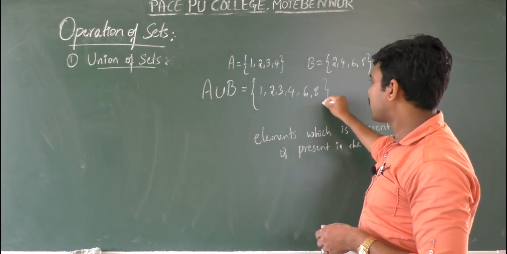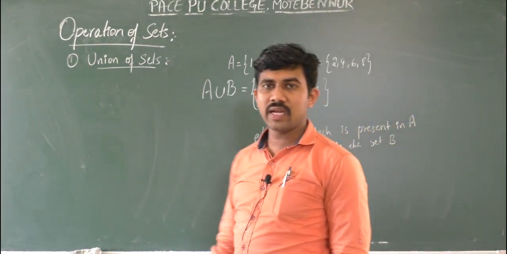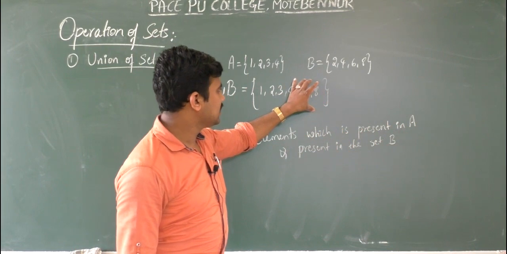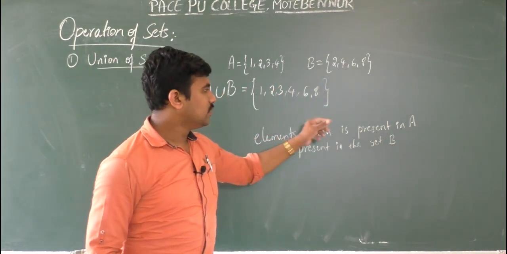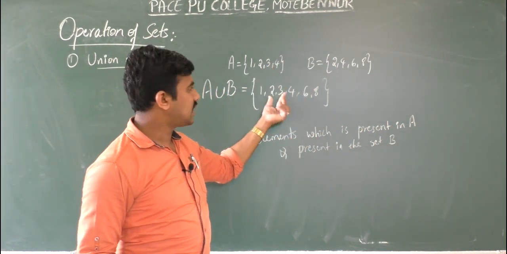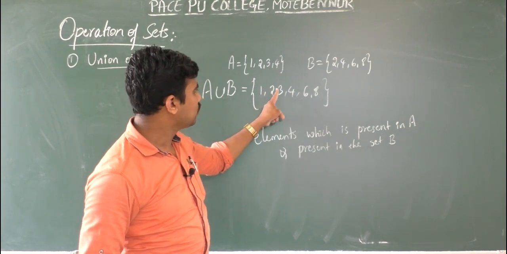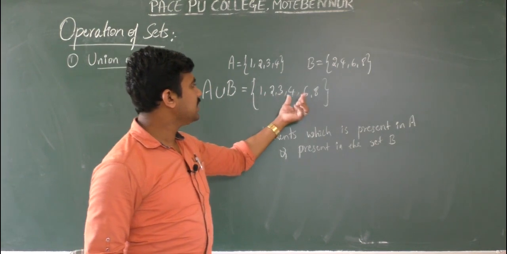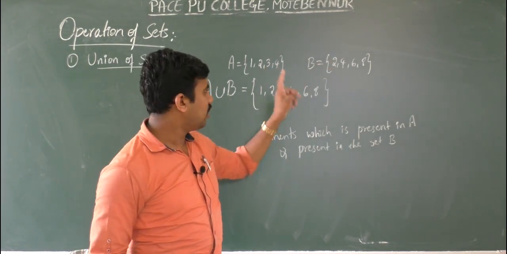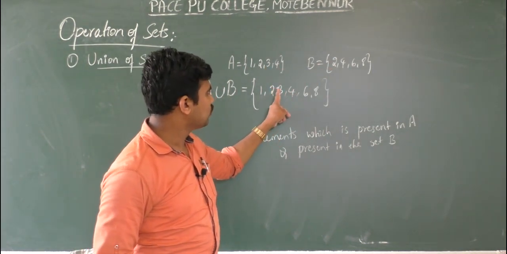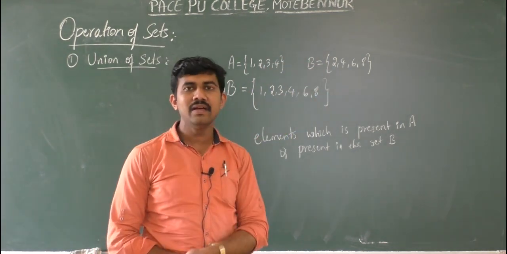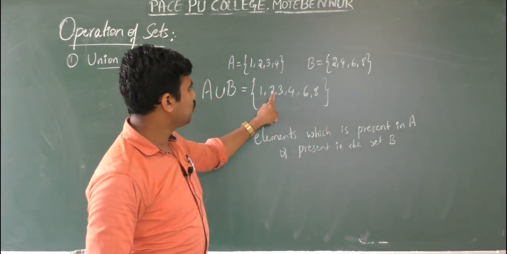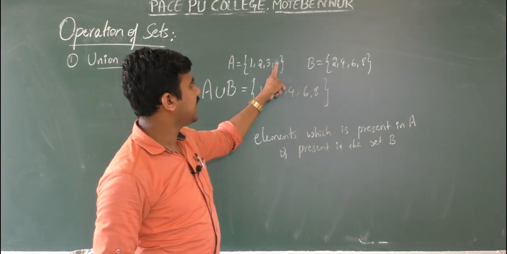Only this much you have to collect in A union B. So A union B is the elements which are either in A, you can observe 1, 2, 3, 4 are clearly in A, or in B, 2, 4, 6, 8 are clearly in B. And you can observe 2 and 4 are common in both A and B.